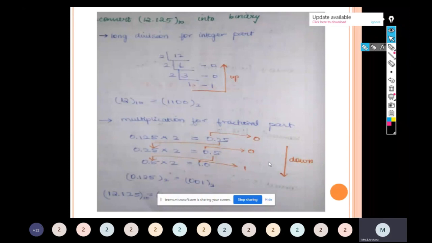In decimal to any radix, we follow two procedures: the integer part by the successive division method, and the fractional part by the successive multiplication method. So these are the things we have learned in today's class about number systems.